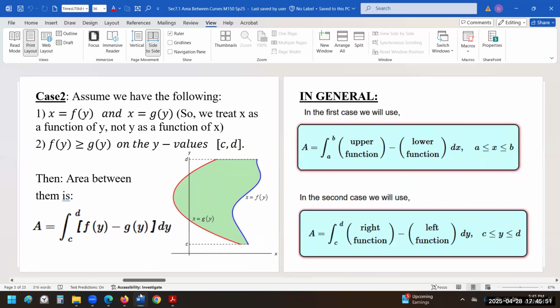In other words, if you have dx, taking the integral with respect to x, you subtract the lower function from the upper function. But if y is the independent variable, so you're doing dy, that means you're going to subtract the left function from the right function, and your limits are y values. So this is the important information we need to know to do all the questions from this section.